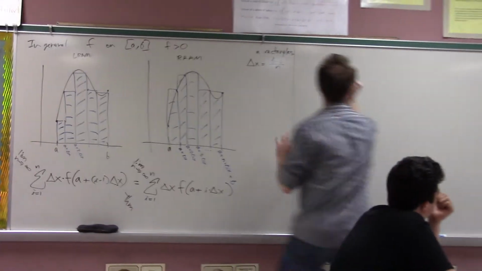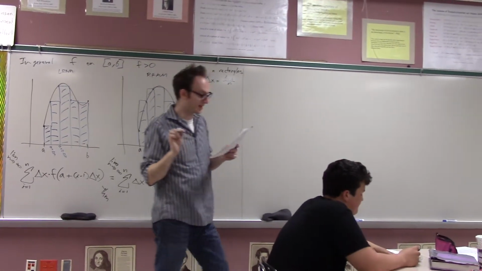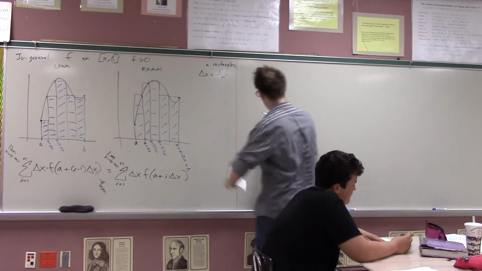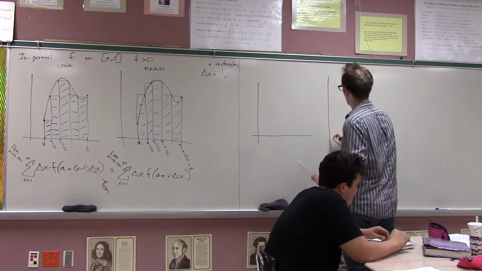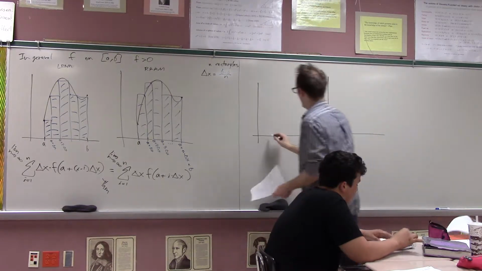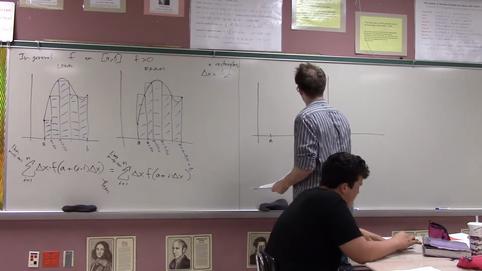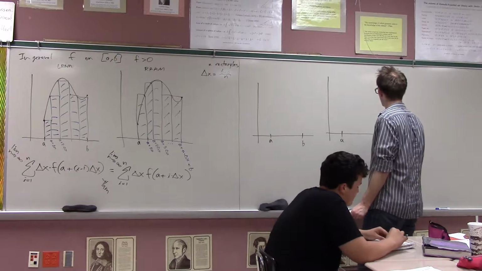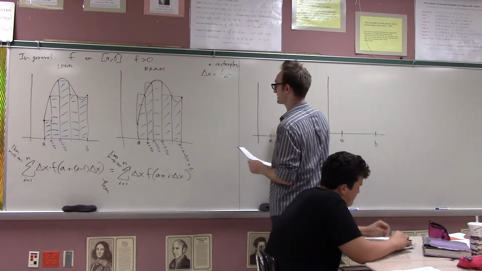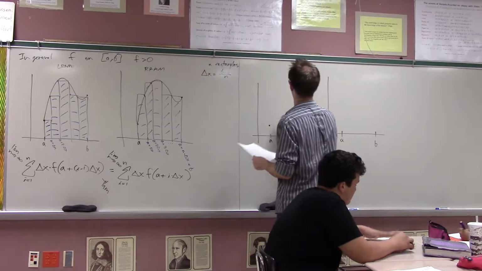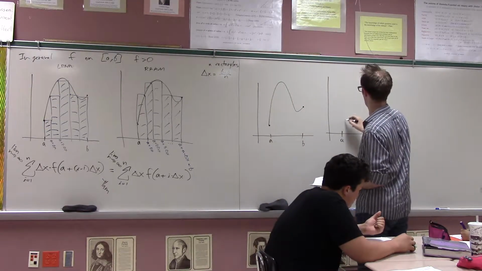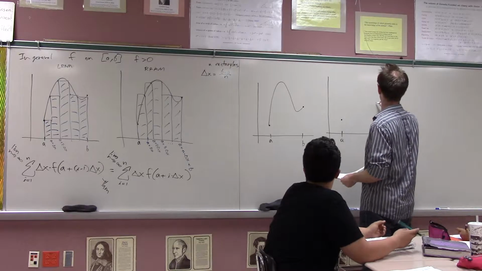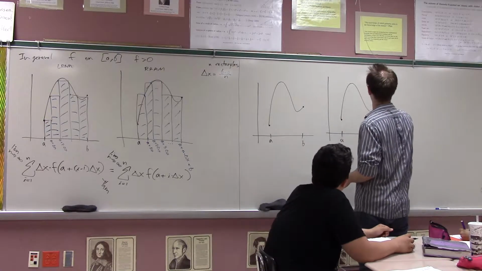well, what we're now going to do is draw pictures again of a function in general, a function f on the interval AB, and let's let the function be positive just for ease.